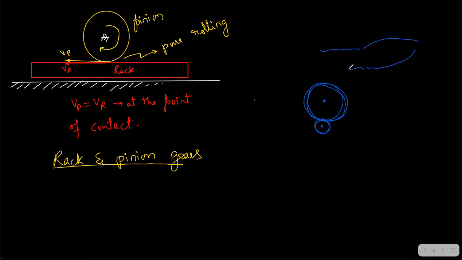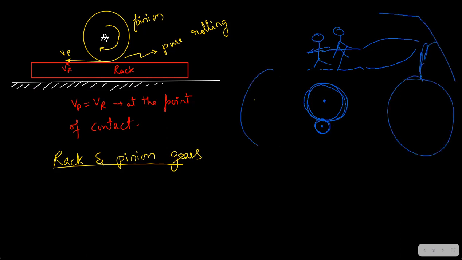This is the seat, and then you have wheels, and two people sitting here, right? This is your handle, this is your front wheel, then you have a back wheel. So this larger gear has to take the load of the entire vehicle, the entire load of you people.